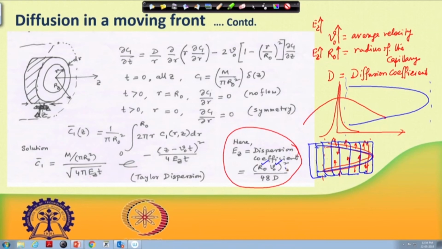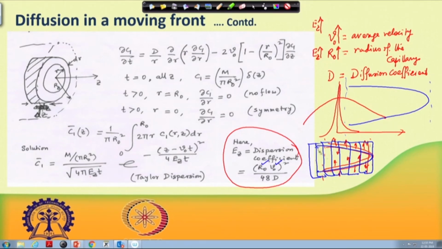One can note that in the same system, when we are working with a uniform velocity profile, diffusion dominates. If the diffusion coefficient is higher, the spreading would be more.